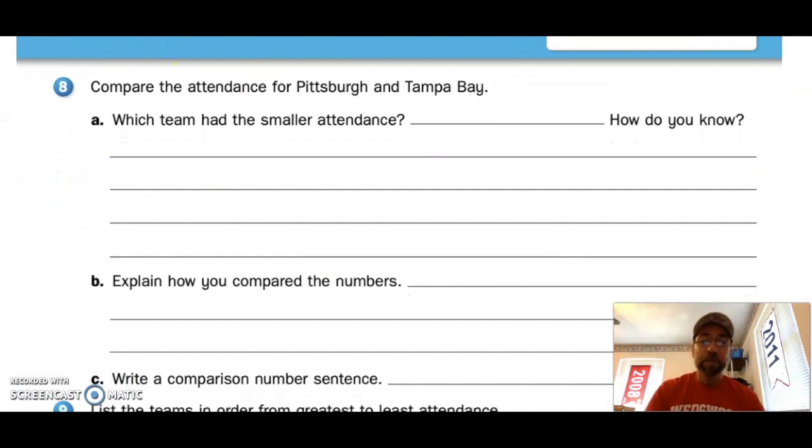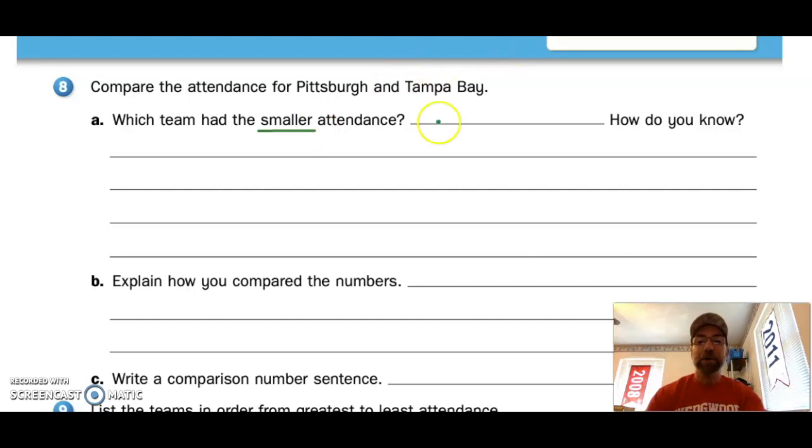So we're going to be doing the same thing again using that NHL attendance table. For number 8, compare the attendance for Pittsburgh and Tampa Bay. However, be careful. Which team had the smaller attendance? So we're looking for the number that is less.